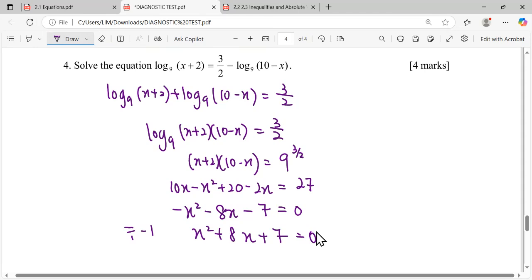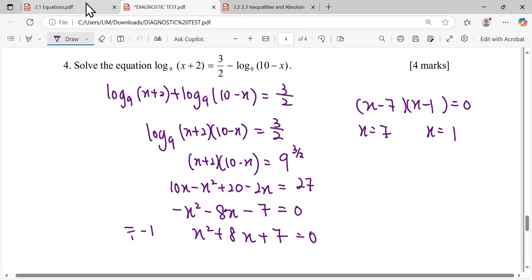So when we simplify our quadratic, what we do is factorization. So you can press your calculator. X is what? X is 7 and 1. So your factorization, x minus 7, x minus 1.